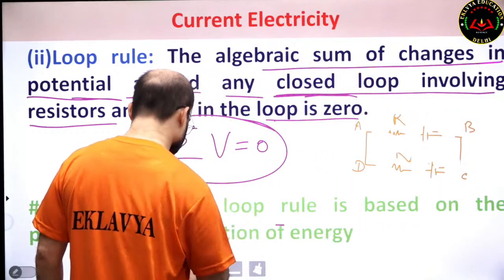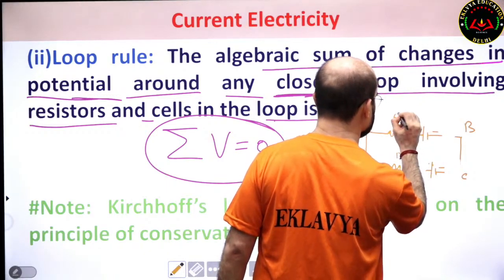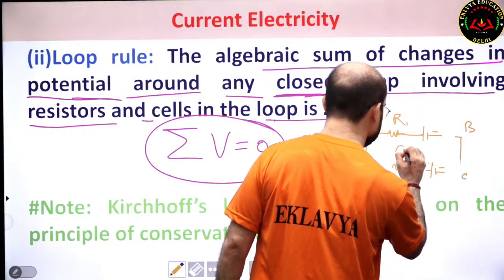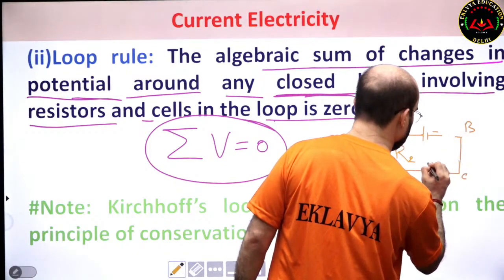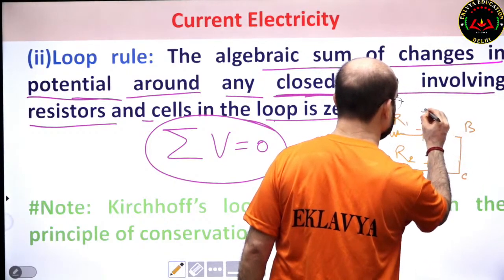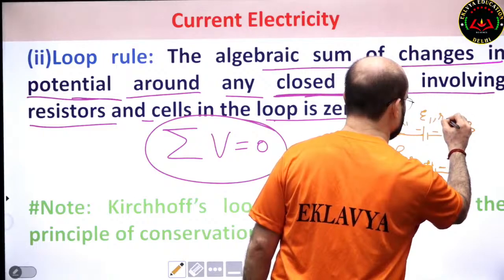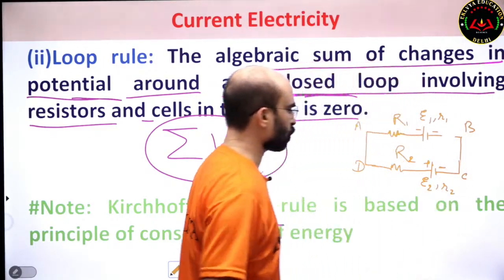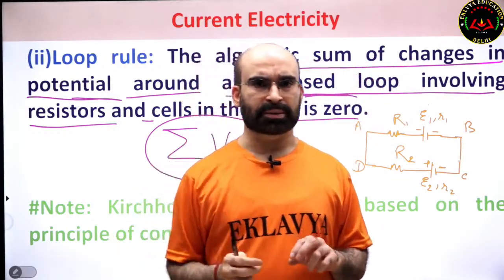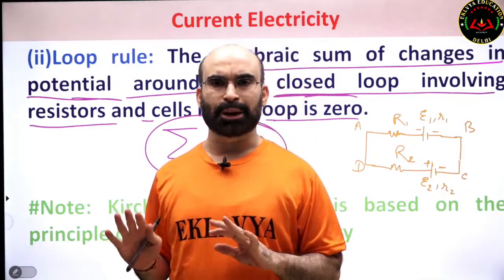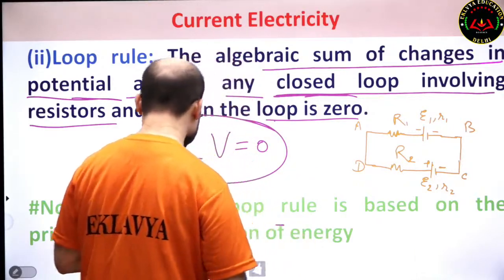But we need to look into this resistor and then cell. This is R1, this is R2. Right? This is positive terminal, this is negative terminal, this is positive. This is EMF 1, this is EMF 2. I am not taking, or you may take this internal resistance as well. Let's say internal resistance is also there. So I will tell you why both ways are equal. What both ways? Just pay close attention to this.